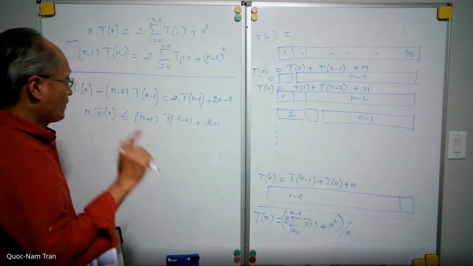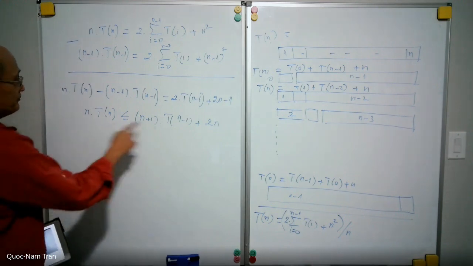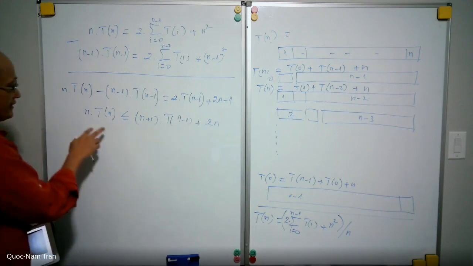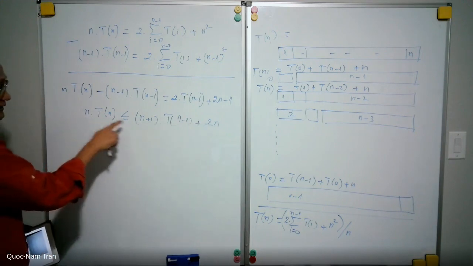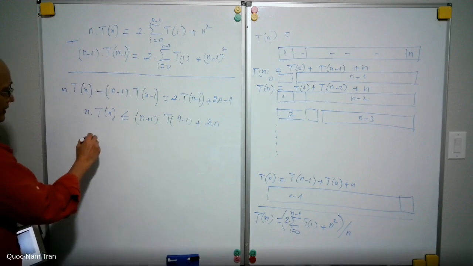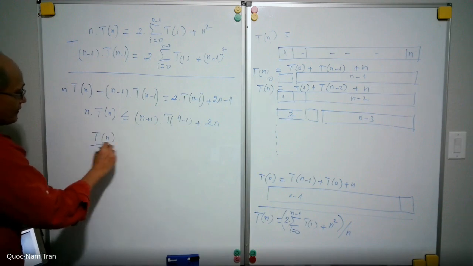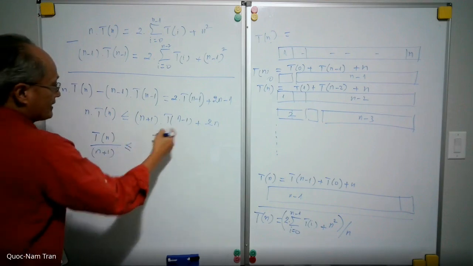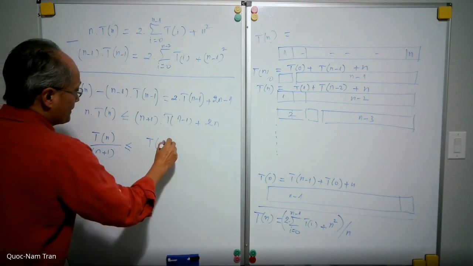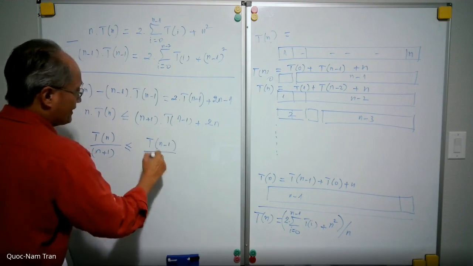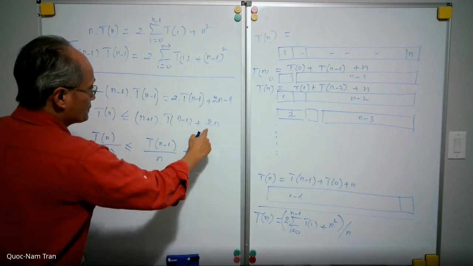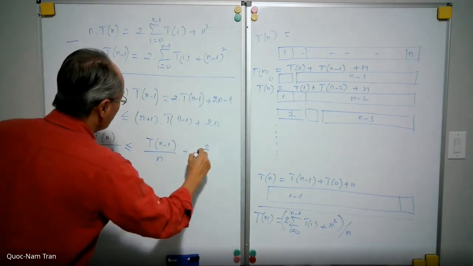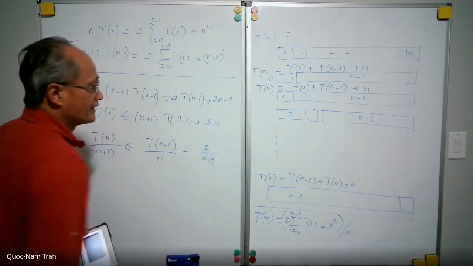One more thing we have to do. We divide both sides by n times n plus 1. Here you have Tn divided by n plus 1 is Tn minus 1 divided by n, plus 2n divided by n times n plus 1, which is 2 divided by n plus 1.